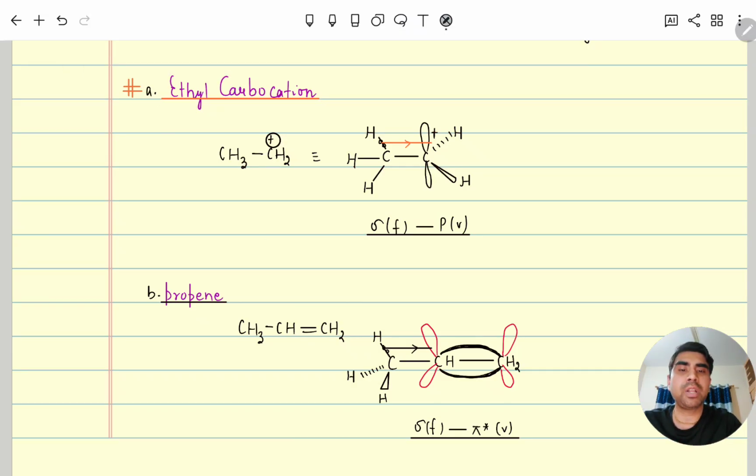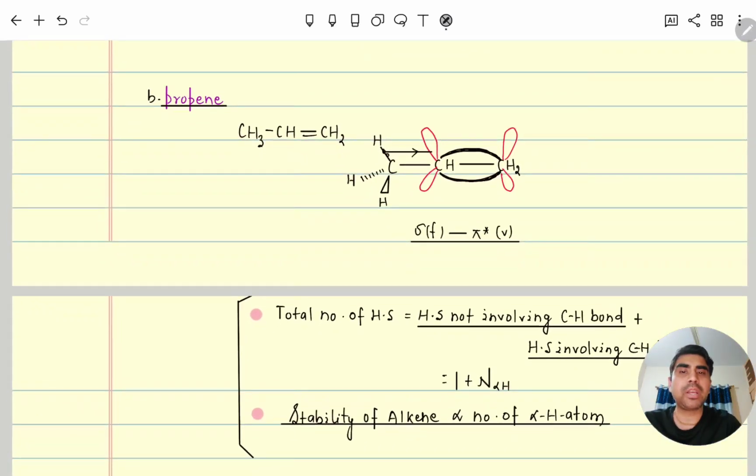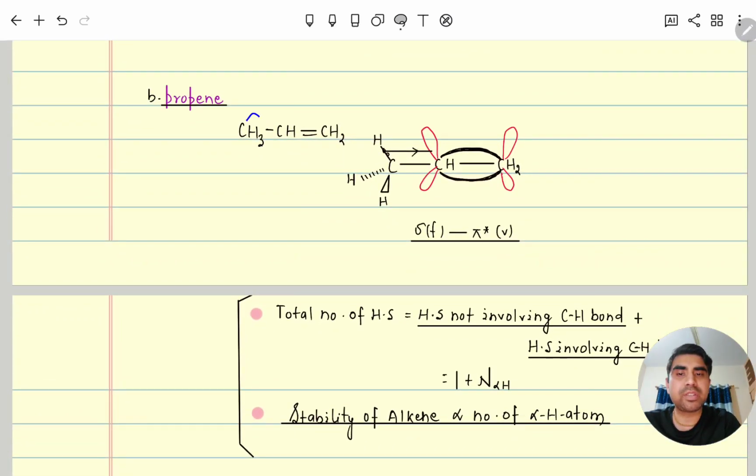Another possibility is when a vacant p orbital is not there, like here with CH3, an sp3 carbon having alpha hydrogen, and here already a pi bond. If it has a pi bond, then this is its pi star. For the time being, electrons move from sigma to pi star, and after that this bond will break, so again the electron will go from pi star to pi.